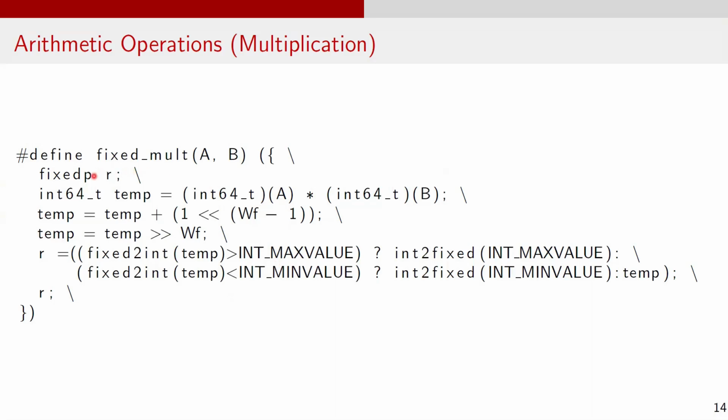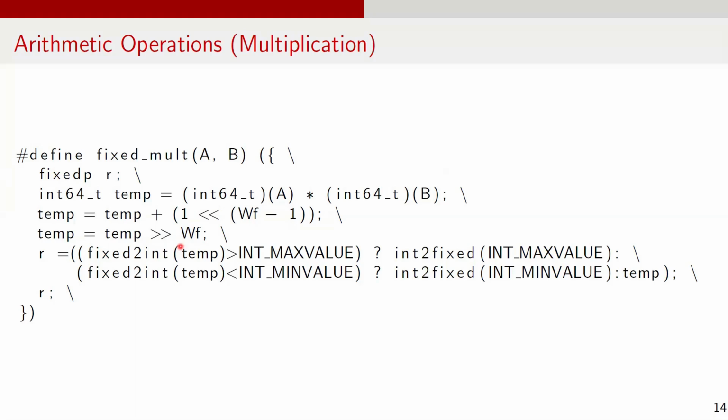First, it declares a fixed point variable r, then performs the multiplication of a and b and stores the result in a temporary 64-bit integer temp. Then a rounding factor 2 to the power wf is added to the resultant temp, and then a right shift by wf to adjust the position of the fractional part.